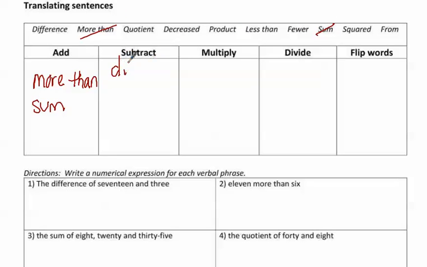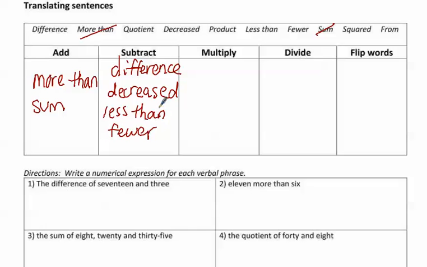Subtraction, you could use difference, decreased, less than, fewer. Multiplying, you can use product or squared. Dividing, you could hear the word quotient.